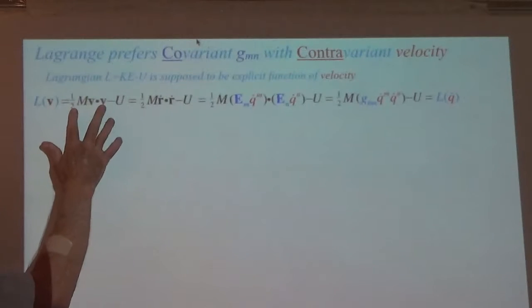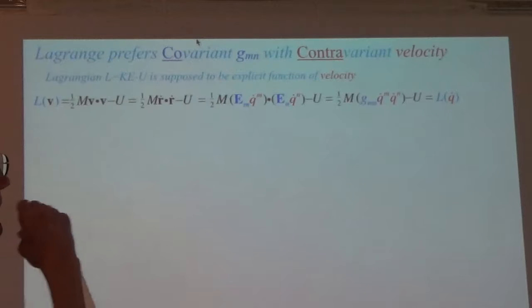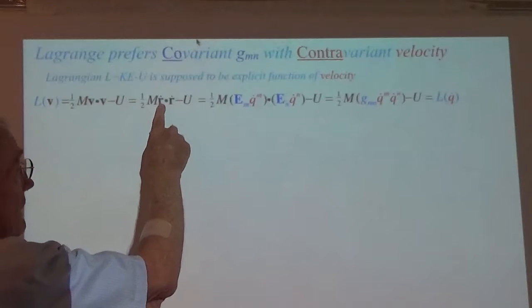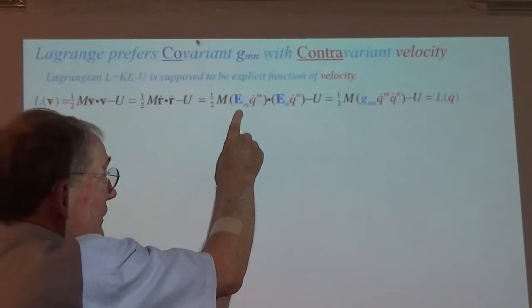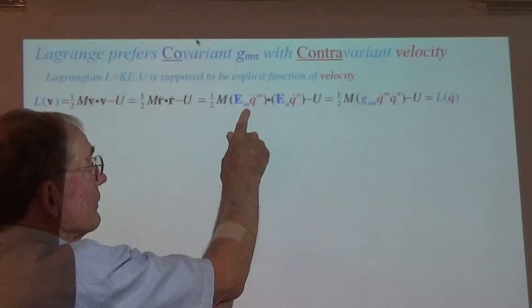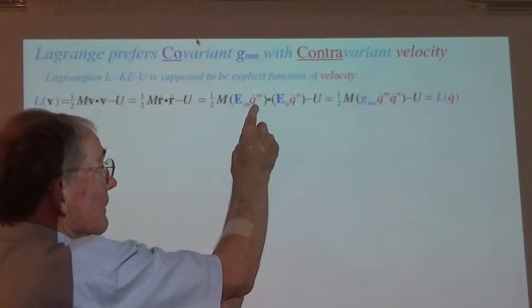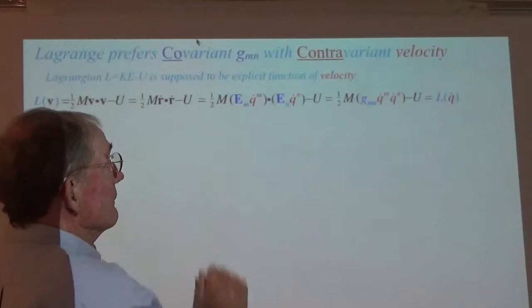It's only a function of velocity, but now we've got this thing as a function of position, and it'll be a position of whatever coordinates we use. And then we mean velocity is r dot, and then we mean r dot is covariant vector times q dot m conjugate. And then there's a sum over n, okay, right there.